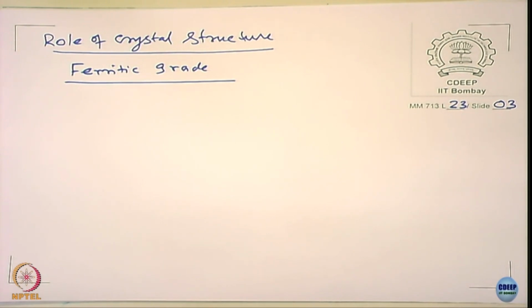If you take an austenitic grade and ferritic grade, which one will suffer more, or what is the tolerance of carbon when it comes to ferritic stainless steels? Suffer more, right.